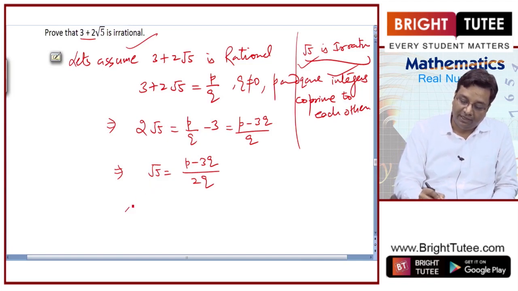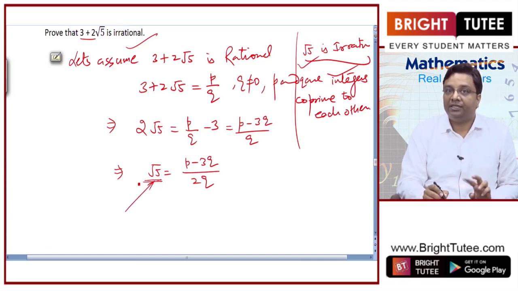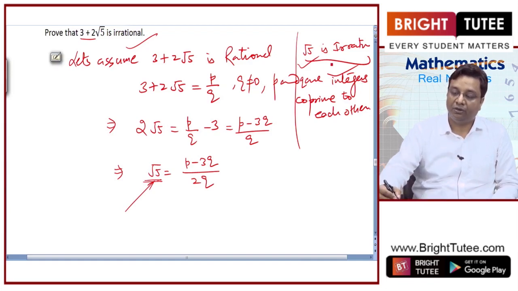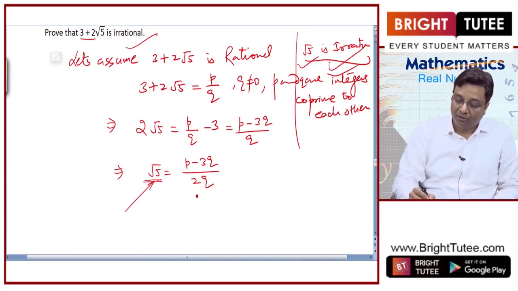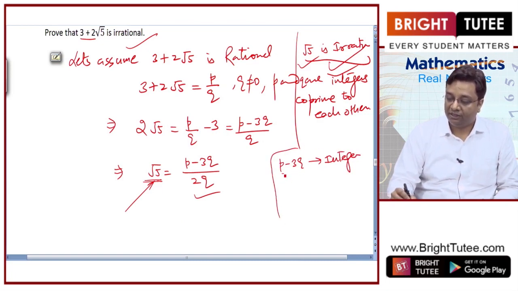Now look at the left hand side. Left hand side we have got root 5 which is irrational. This is what we know already. Now look at the right hand side. In the right hand side we have got p minus 3q, which is an integer, because p and q are integers. So let us say you have got 3 and 2.